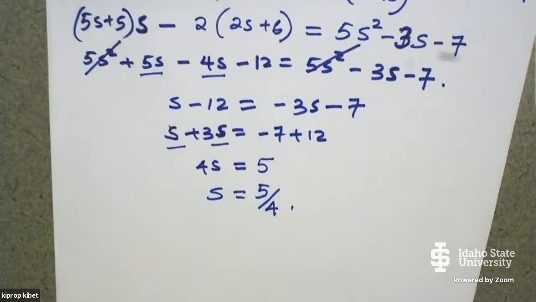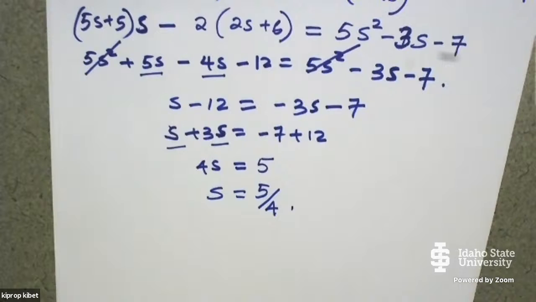So you can bring this 5s to this side. It will be minus, so 5s minus 5s is zero. Now 5s minus 4s is 1, minus 3s. You bring this minus 3s, you get plus 3s. You take this 7 to the other side, plus 7, and also 5.